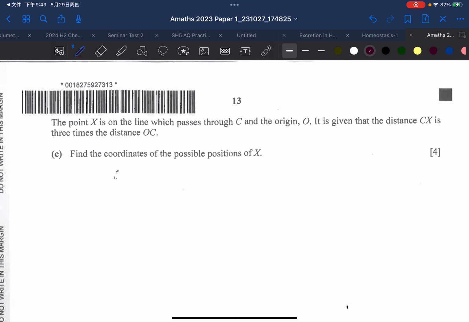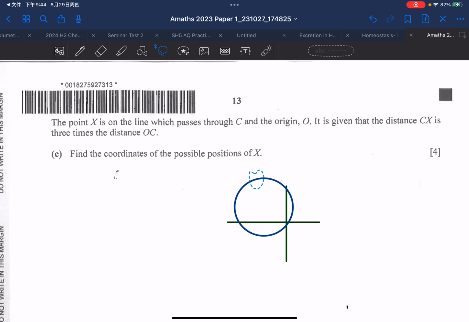Okay, so they say the point X is on a line which passes through point C and the origin O. It's given that distance C. Okay, so I will sketch C first, okay? This is my circle. So I use the information that I have just now to help me sketch my circle.